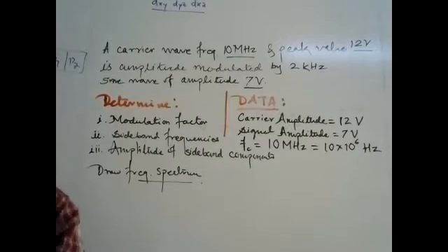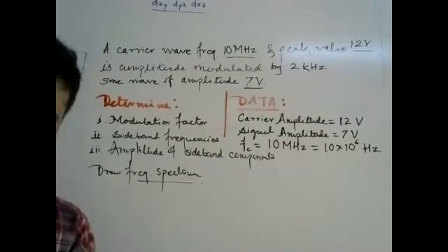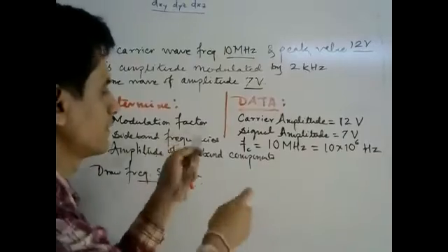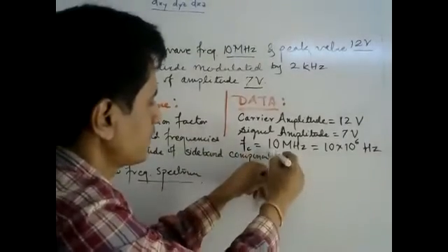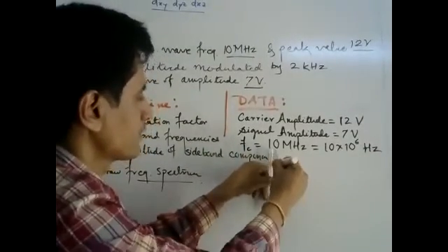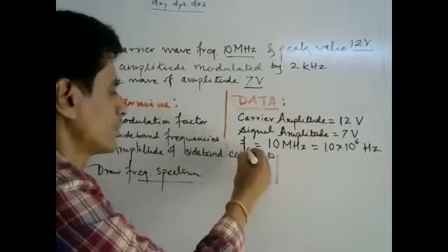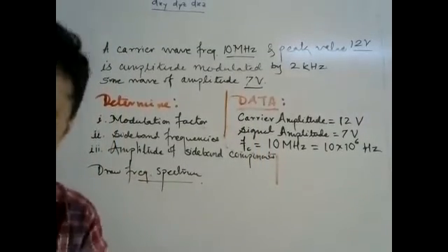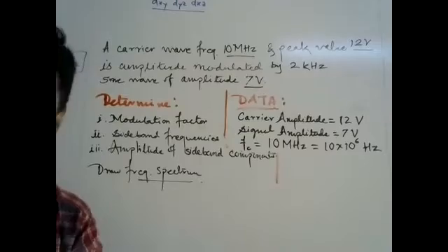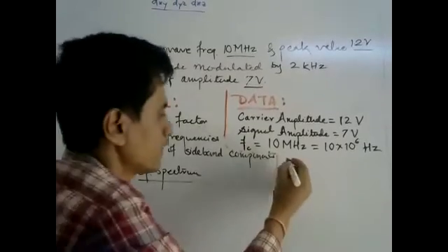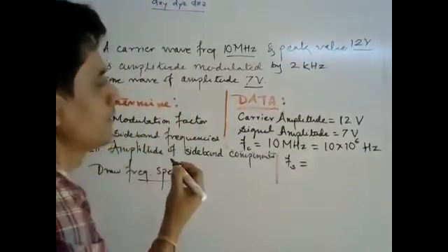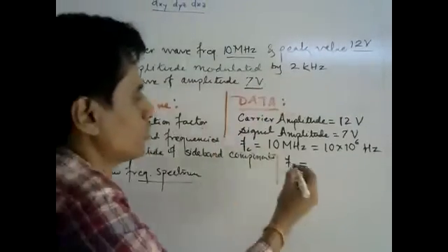Now, again, this is your FC, and for signal frequency, I'll use the term Fs. Fs is equal to 2 kilohertz.